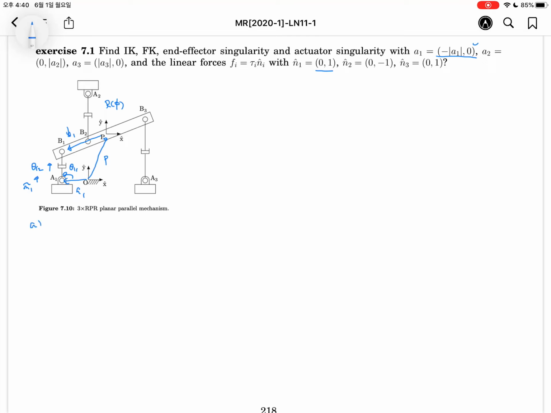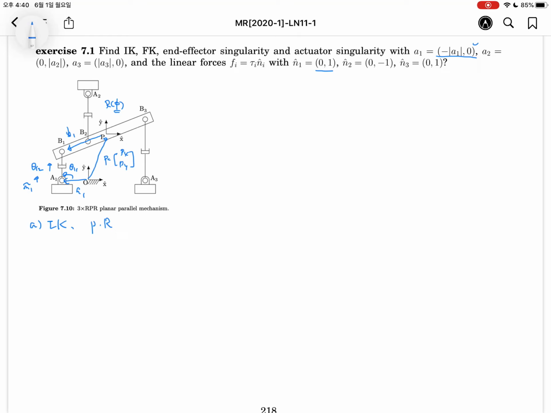Okay, the IK problem is given by the statement of P and R. P has two quantities, px and py. Because it is a planar problem, the rotation matrix has four quantities, but 3 are dependent and 1 is independent, such as phi here.